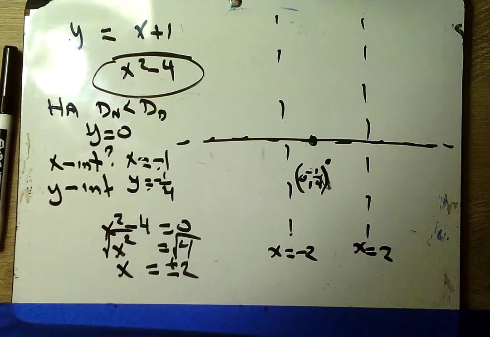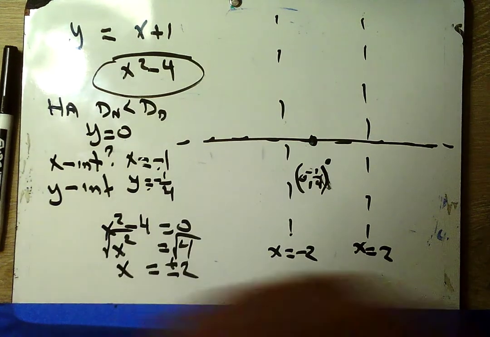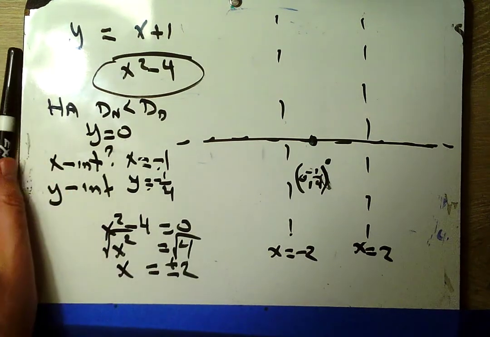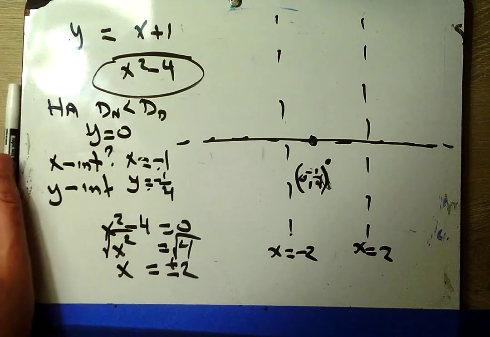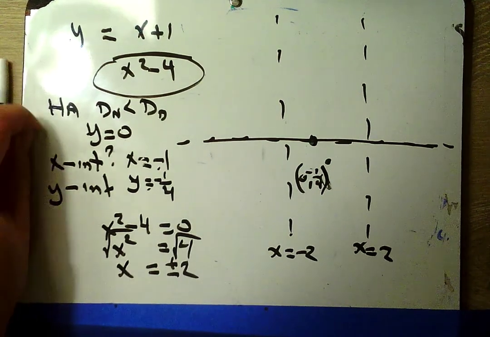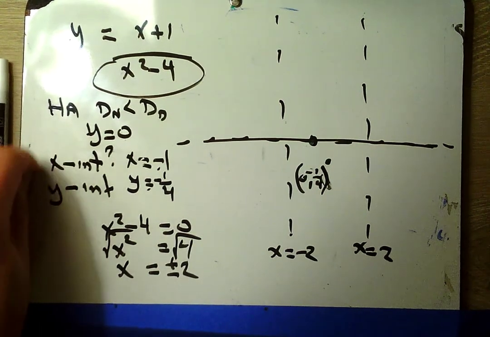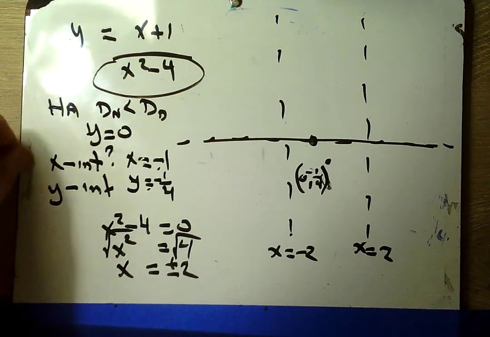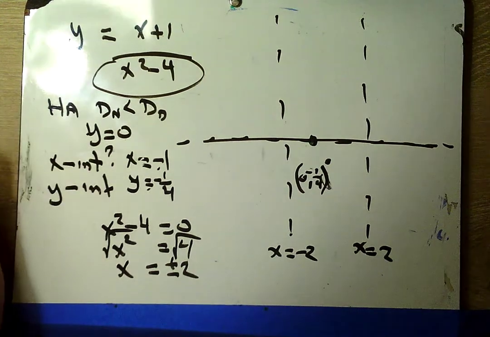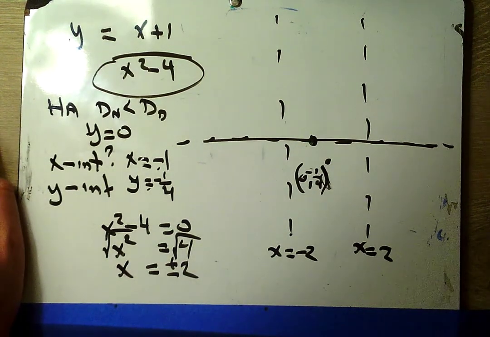Now, there are some situations where I can cross a horizontal asymptote with rational functions. With rational functions, that's possible. With exponential functions, our next unit, no, we're never going to cross a horizontal asymptote. And we never, ever, ever cross a vertical asymptote, because a vertical asymptote is a place where the function is undefined.